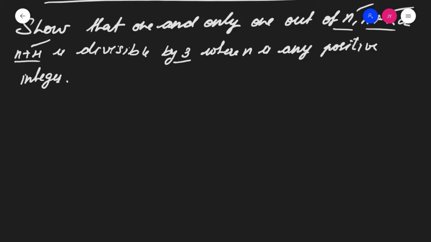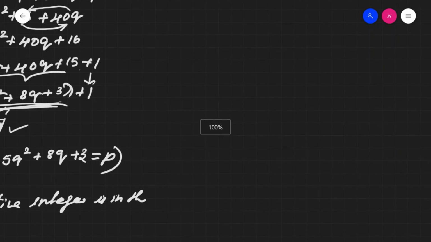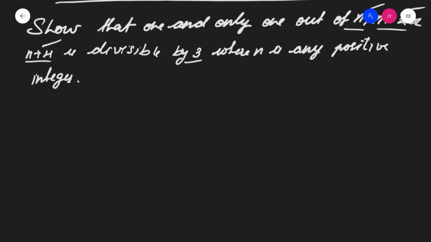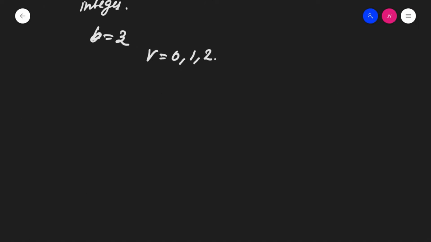So as they told it should be divisible by 3, we'll take b is equal to 3. What are the possible values of r when b is equal to 3? r is equal to 0, 1 and 2. Right?